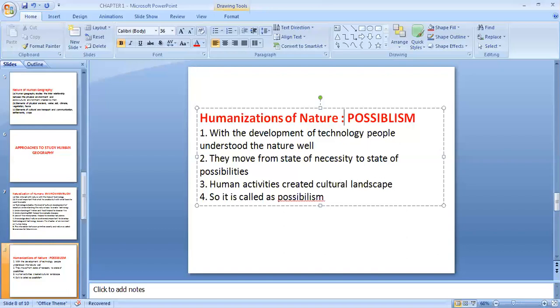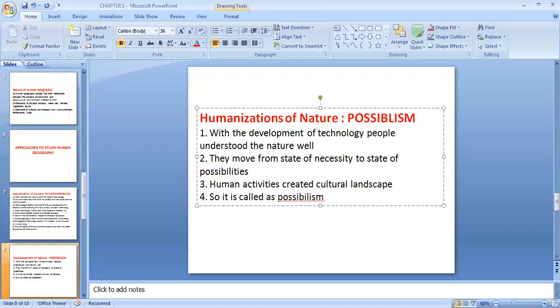Different places have different kinds of nature. I told you, all over the world lots of places are there. Their similarities are also there. Nature is similar, environment is similar, but their culture is different. Why? They are changing the nature. They are changing the environment. So that is possibilities. It is possibilism.